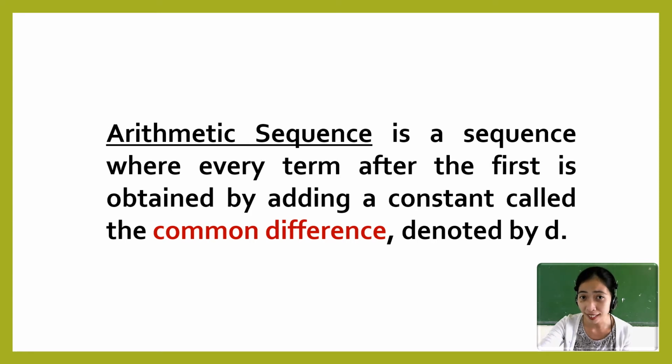Why common difference? Because that constant is obtained by subtracting backwards. When you subtract, the answer is called the difference. And since the differences are all the same, it is the common difference. We will now denote it by the variable d. Is that clear?